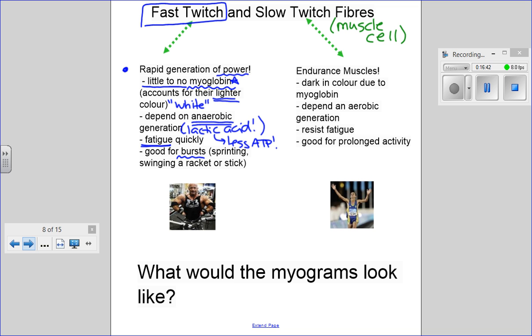Another really good example would be any sort of weightlifting, because you are lifting the weight usually just once at a time, and you need rapid generation of power, but it doesn't have to last for an extended period of time. So I'm just going to add the word weightlifting here to go with my super ripped guy that I put a picture of there.